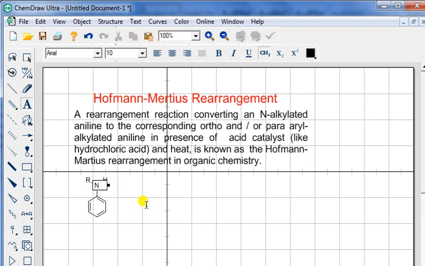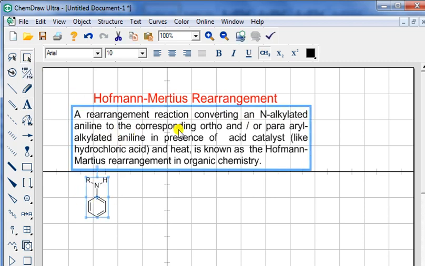You can read that this rearrangement reaction converts an N-alkyl aniline to the corresponding ortho and para alkylated aniline.